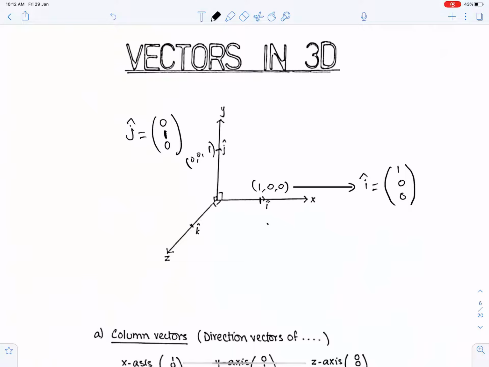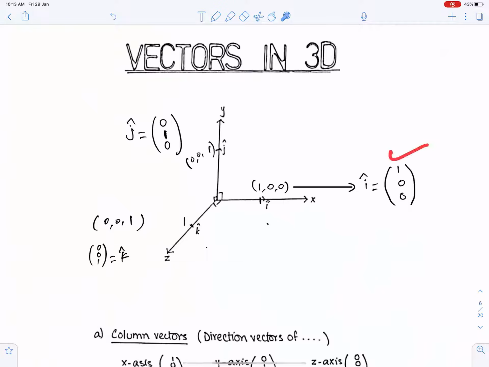This point has z coordinate 1. So you can write this point as 0, 0, 1. You can express this point in vector form as 0, 0, 1 or k. This is the direction vector of the z-axis.